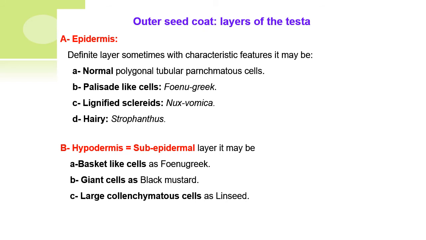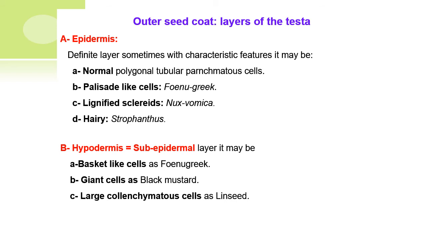Histologically, in the seed structure we have the outer seed coat, or testa, with different layers. The first layer is the epidermis, which is a definite layer, sometimes with characteristic features. This layer may be normal polygonal tabular parenchyma cells, or palisade-like cells as in fenugreek. Sometimes it is formed of lignified sclereids as in Nux vomica, and sometimes bears hair as in Strophanthus.